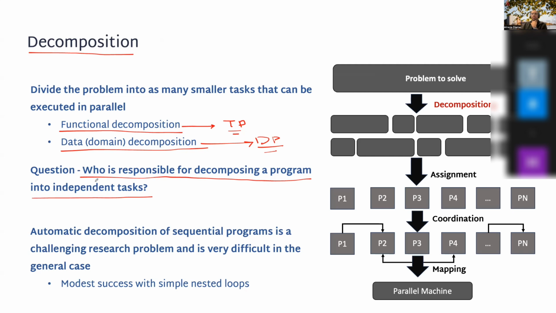Because of that, it is the responsibility of the programmer to decompose the problem into different independent pieces that can be done in parallel. For the decompositions, we can also have some decomposition patterns, which give you some intuition about the situations in which you can use different decomposition strategies.